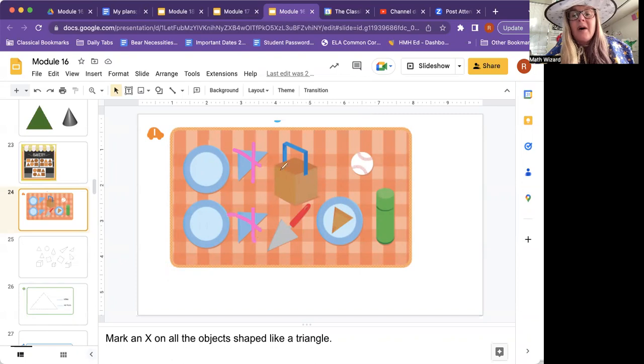How about this box? No, that's a cube. How about this ball? That's a sphere. How about, ooh, that's a cylinder. Not that one. How about, well, the plate is a circle. How about the piece of pie on here? Yep, that's a triangle. And how about the pie? What is that called? It's a pie server, I think. Yep, that part is a triangle.